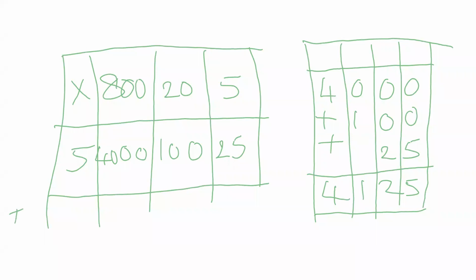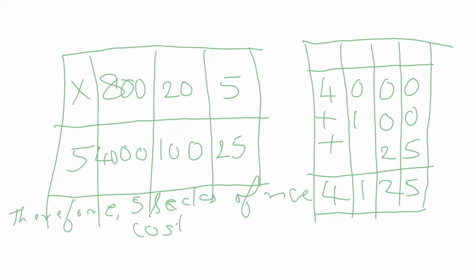So we will write: therefore, 5 sacks of rice cost rupees 4125.